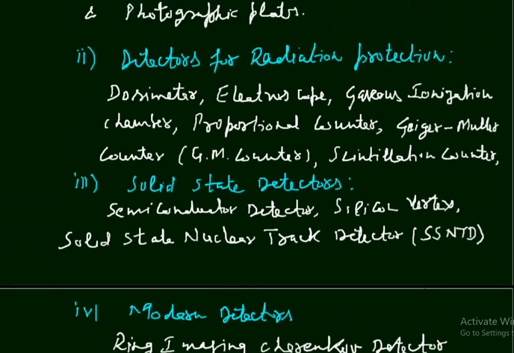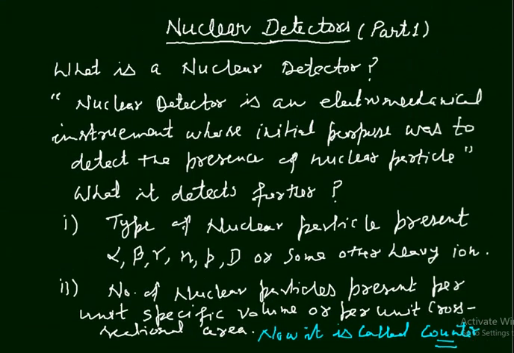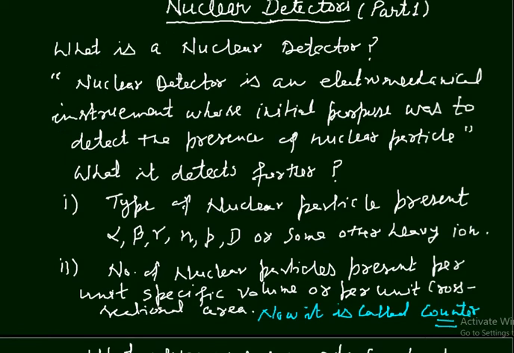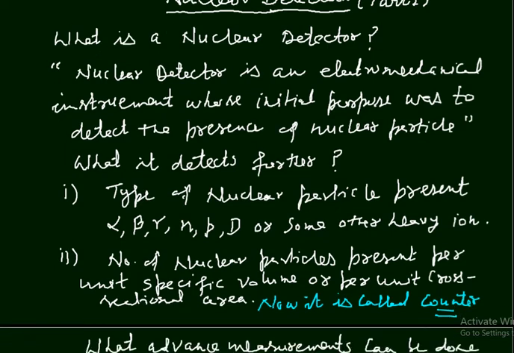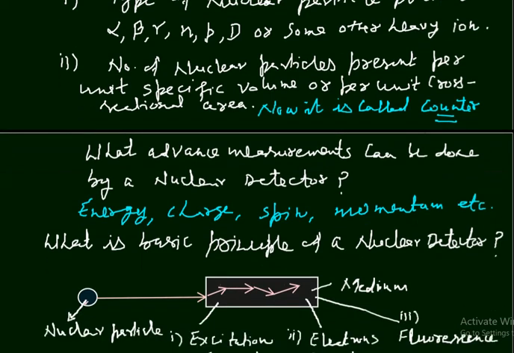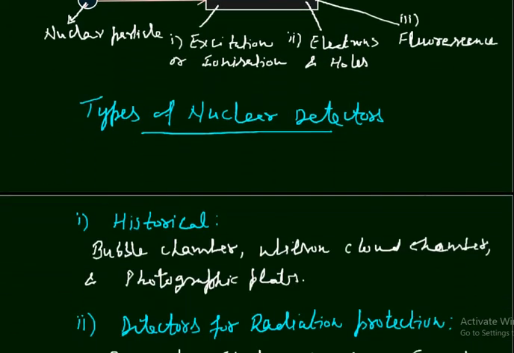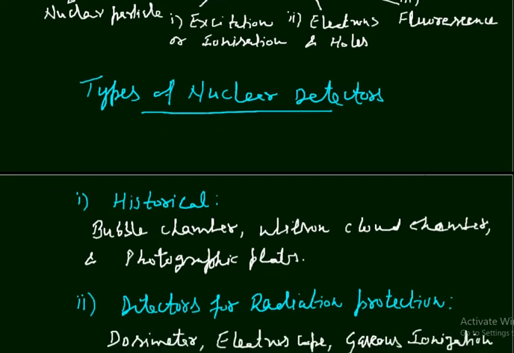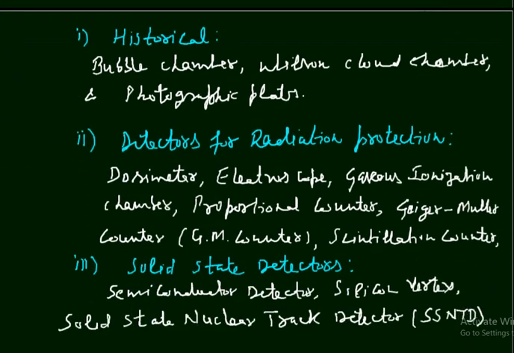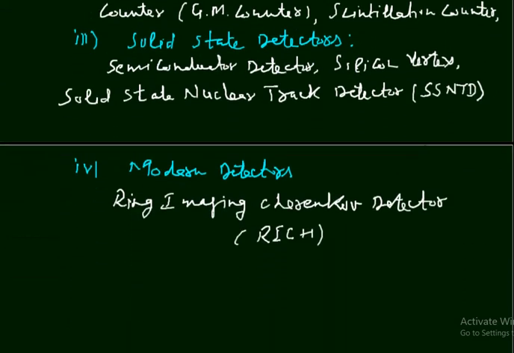Students, my brief introduction of nuclear detector is over. We first studied what is a nuclear detector. Then, what is the basic principle of a nuclear detector? And in the last, we studied types of nuclear detectors. This was nuclear detector part 1.